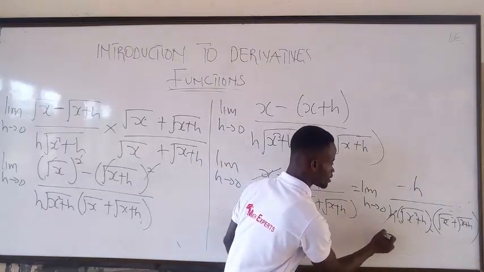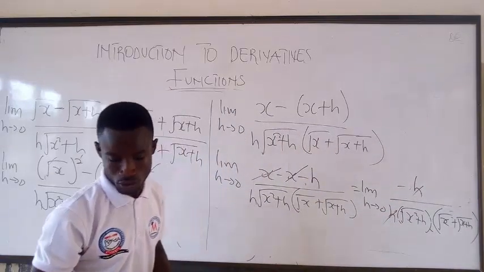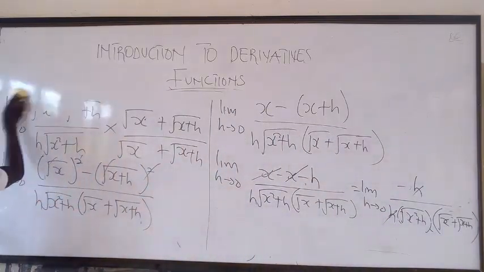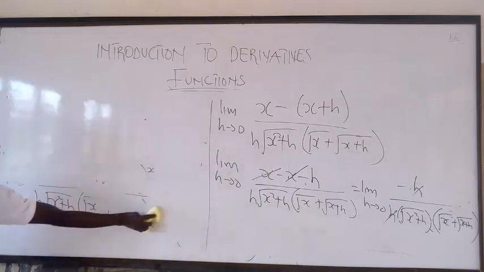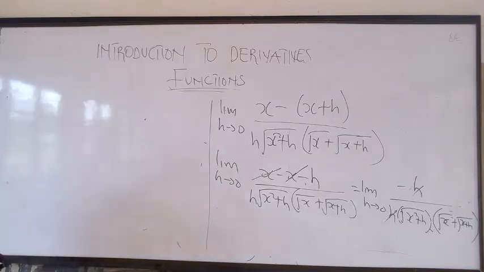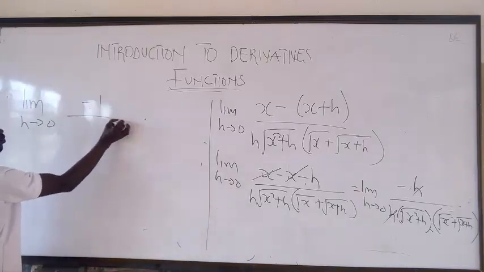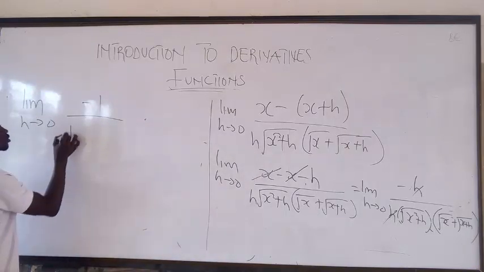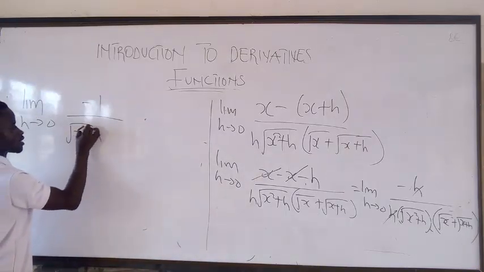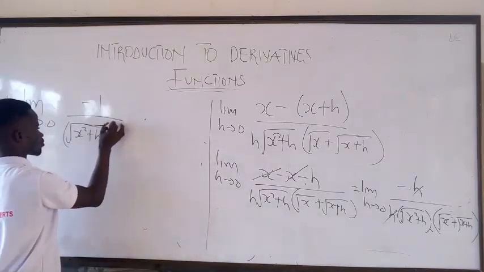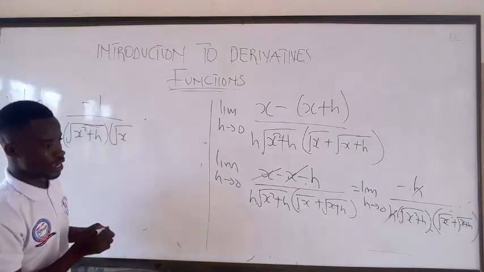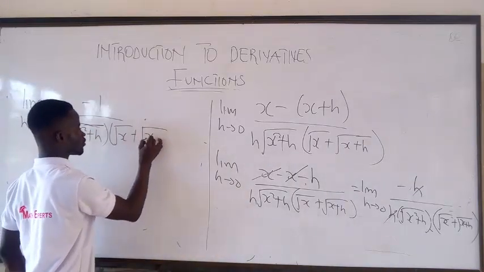So we can say that this h will cancel this h, so that we are going to be left with the limit as h approaching 0 of -1 over square root of x squared plus h, square root of x plus square root of x plus h.